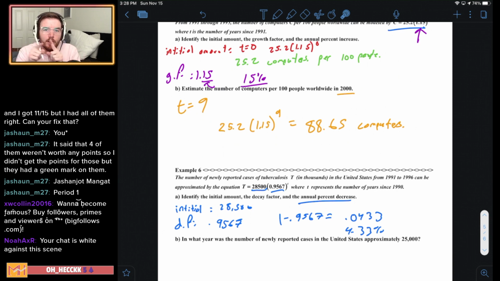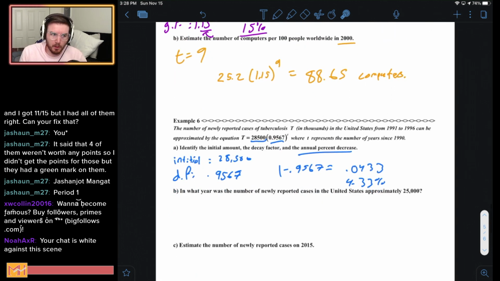The distance away from 1, right? This was 0.15 above 1. This is 0.043 below 1. That's how much it has been decreased. Not 95%, okay? That's way too big, right? This is much closer to 1. 95%, that'd be way down low. Multiplying something by 0.9567 is not a 95% change.